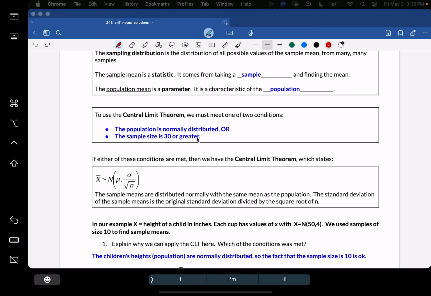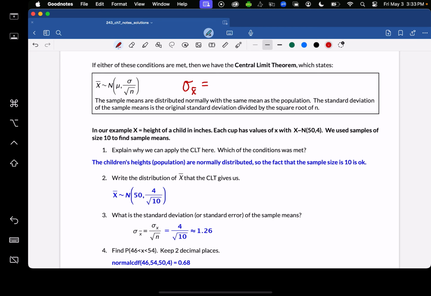So what this means is that the sigma for x bar is the original population sigma divided by the square root of n. And that's why this goes into this second slot of our normal distribution. And this is saying the same thing again.